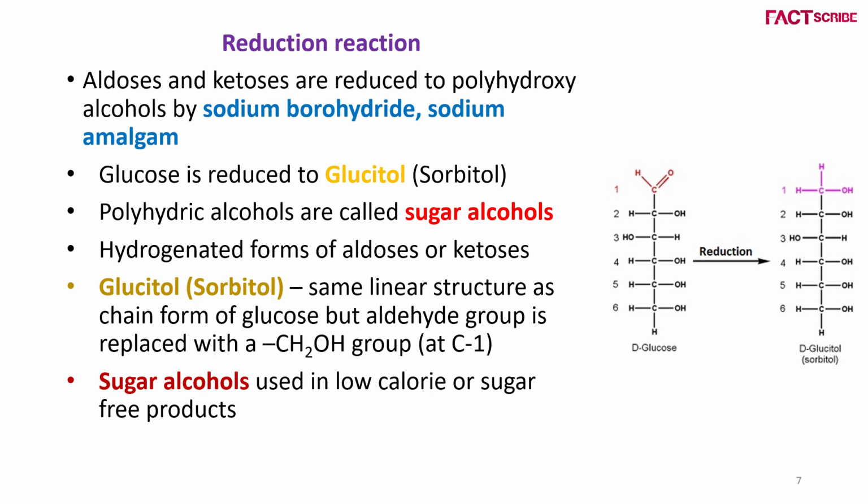This glucitol has the same linear structure as the chain form of glucose, but the aldehyde group is replaced with a CH2OH group at the first carbon. These sugar alcohols are also used in low calorie or sugar-free products.